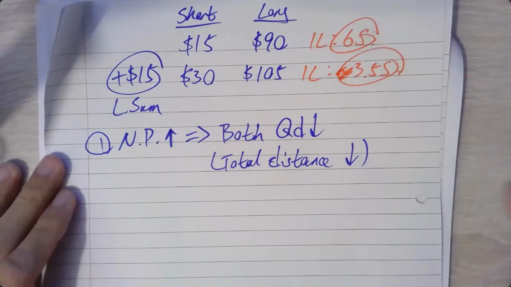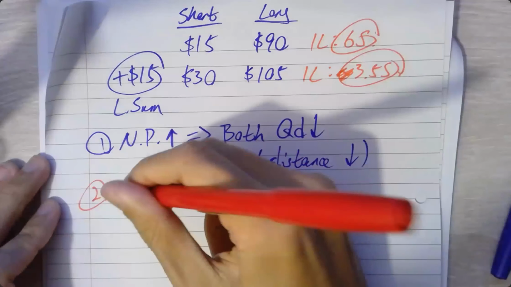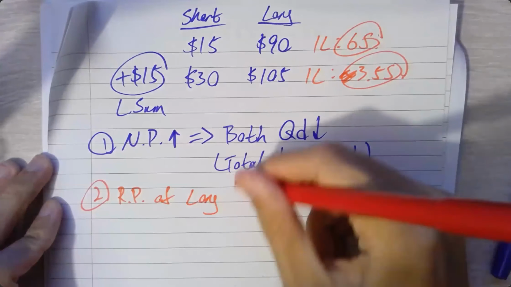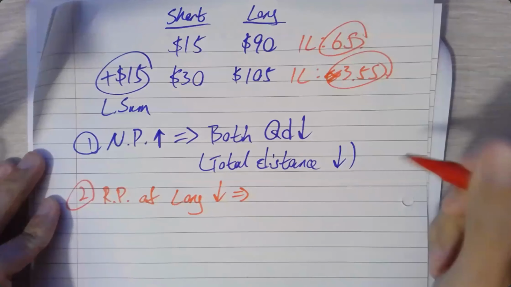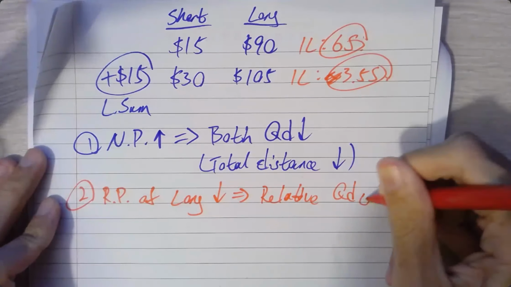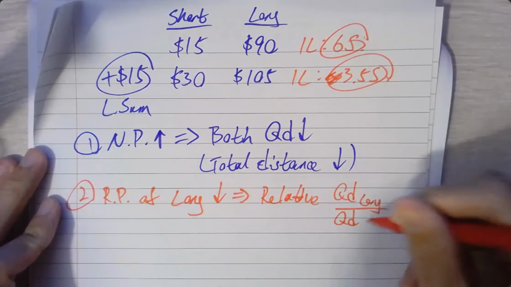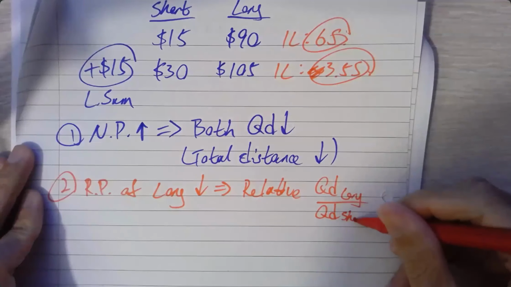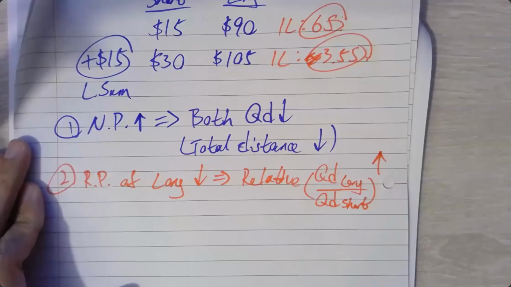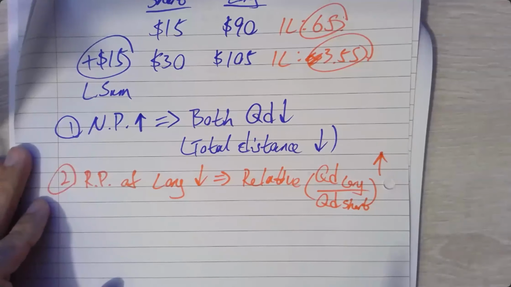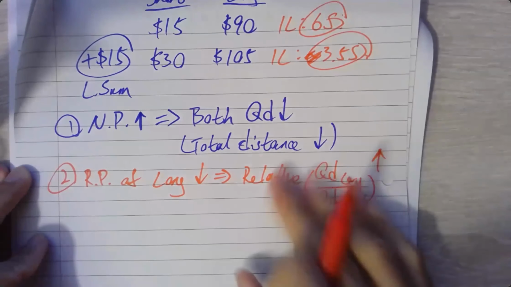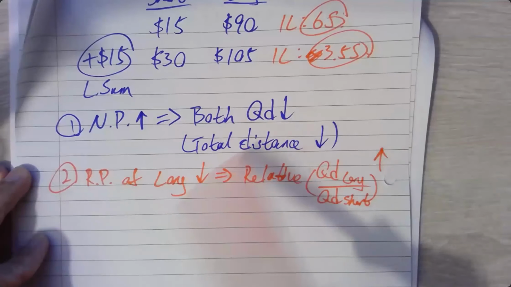the lump sum increase, do you see that the relative price of long trip has decreased? Now, therefore, the relative QD of long trip versus the quantity demanded of short trips, this relative would increase. 原來相對之下，people would tend to take more long trips than short trips，OK，好嘛？嗱，記住啊，absolutely speaking must have decreased.